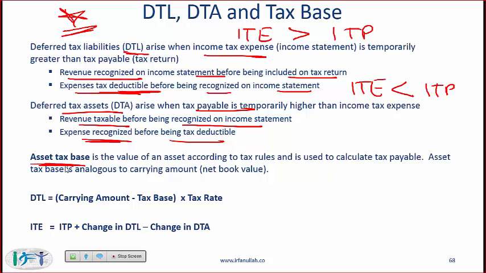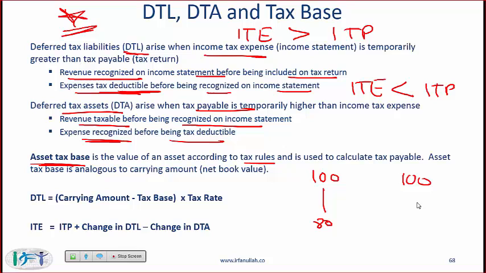You need to know the concept of the asset tax base. This is the value of an asset according to tax rules, and this is analogous to carrying amount on the financial reporting side. On the financial reporting side, if you start with an asset at 100 and you have depreciation of 20, then you will come down to 80.